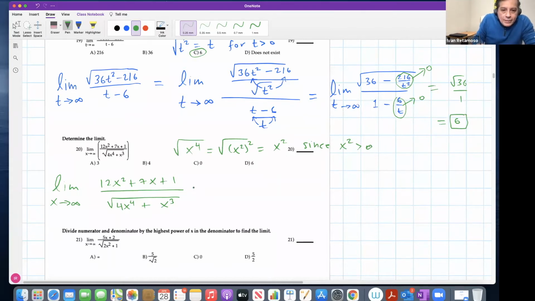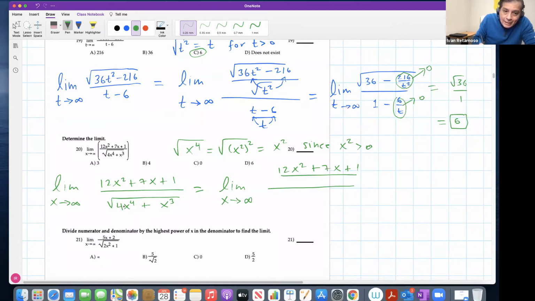Now we have to identify the largest power in the denominator, which is x to the 4, but since there is a radical, it should be x squared. So what you have to do here is divide both numerator and denominator by the largest power in the denominator, which is apparently x to the 4.